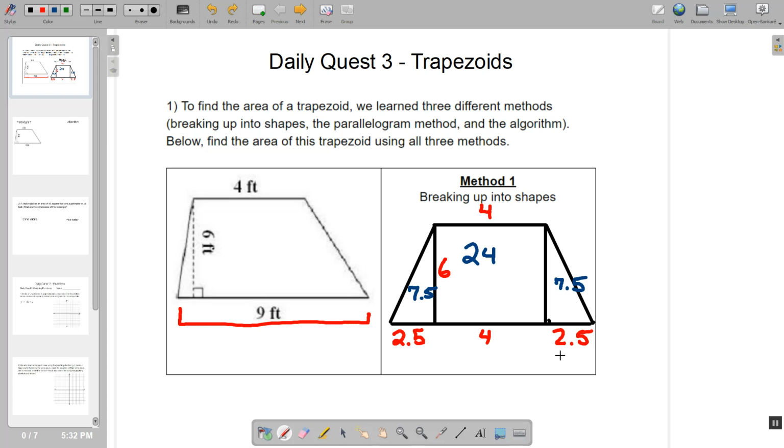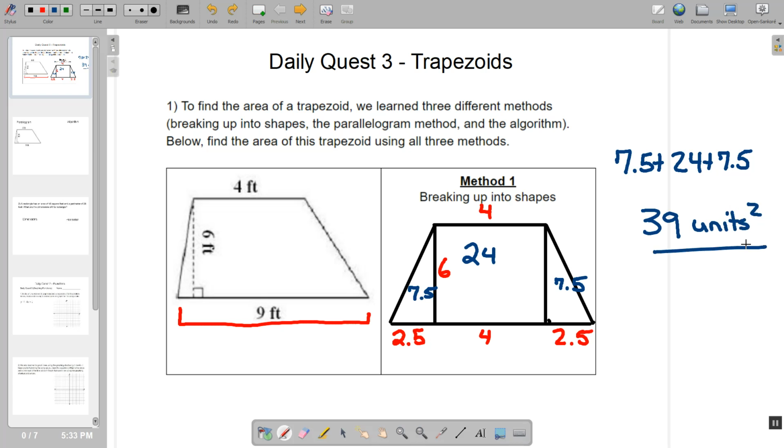Once we're there, we add them up, and we're going to do 7.5 plus 24 plus 7.5 again for the other triangle gives us a final area of 39 square units. And there is our answer with the first strategy.